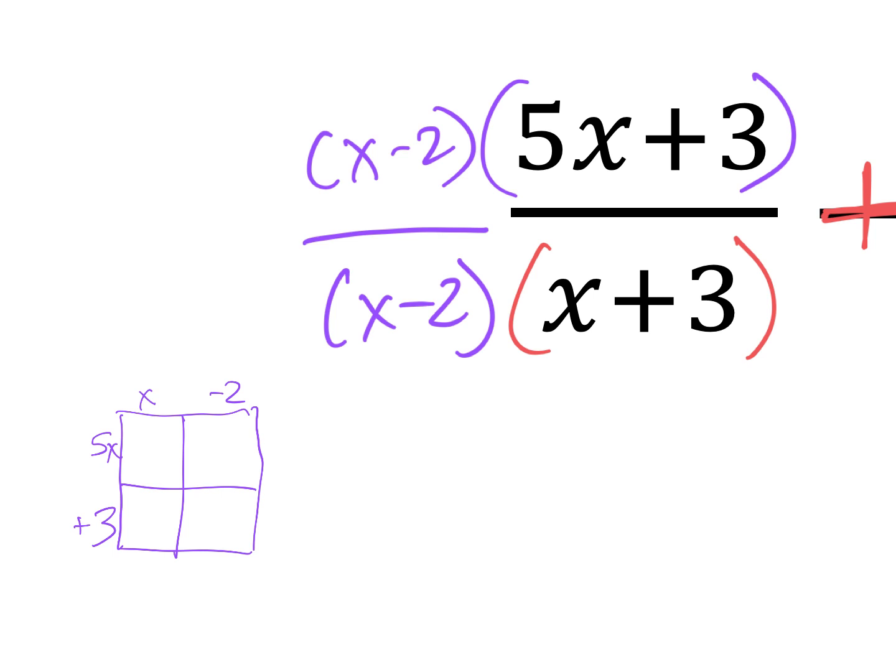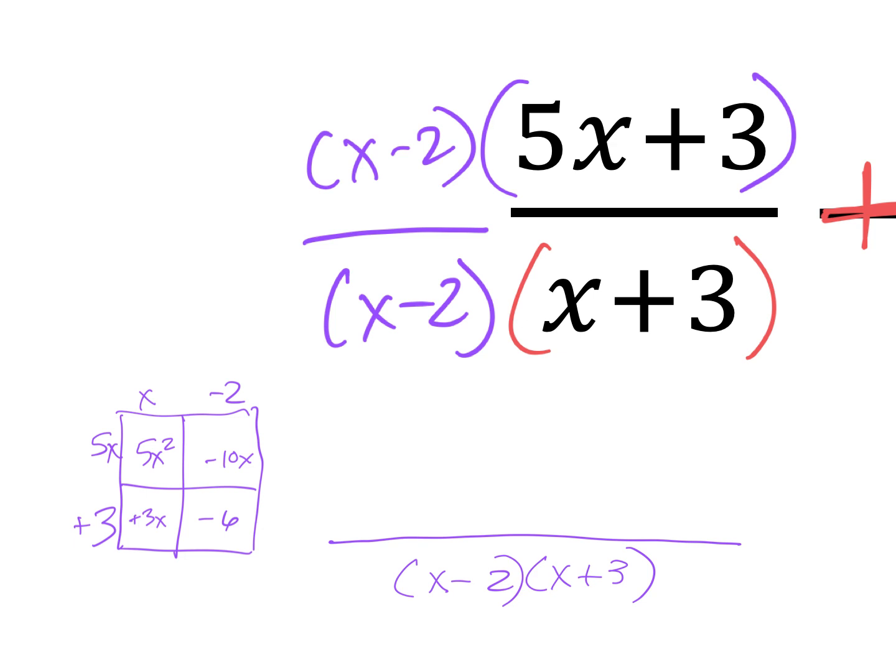So just there, I end up with 5x squared minus 10x plus 3x minus 6. And are you guys comfortable if I call that 5x squared minus 7x minus 6? Are we okay with that?